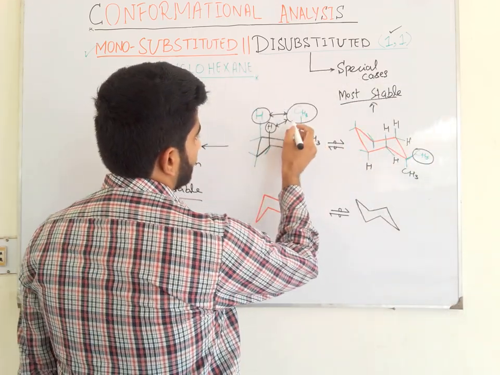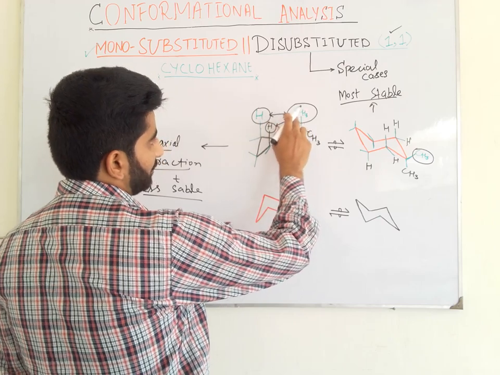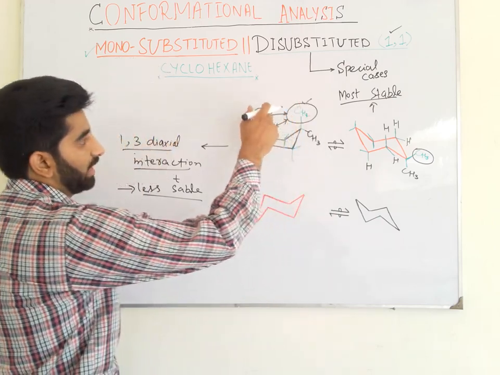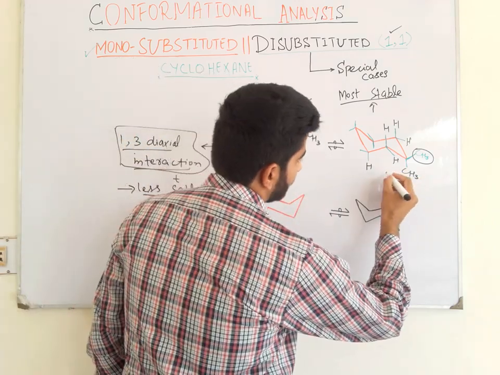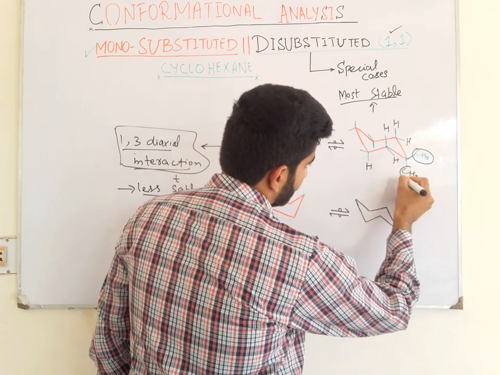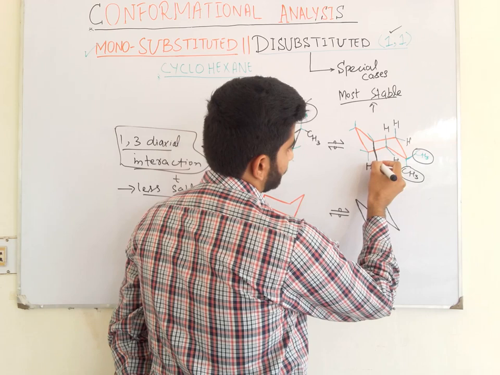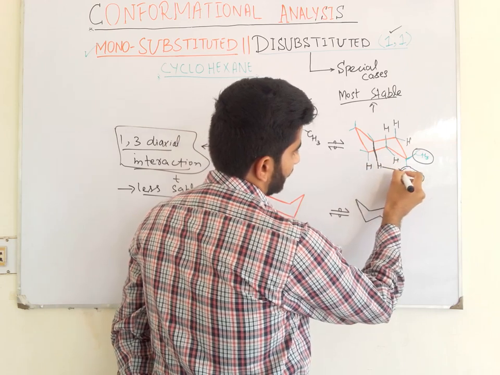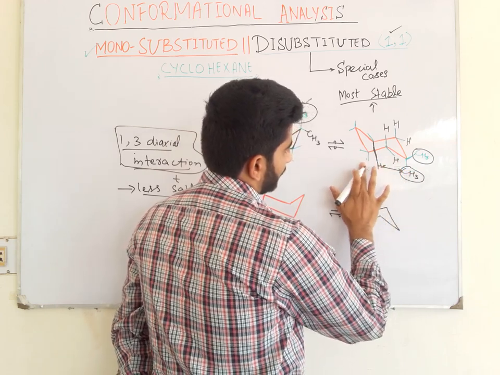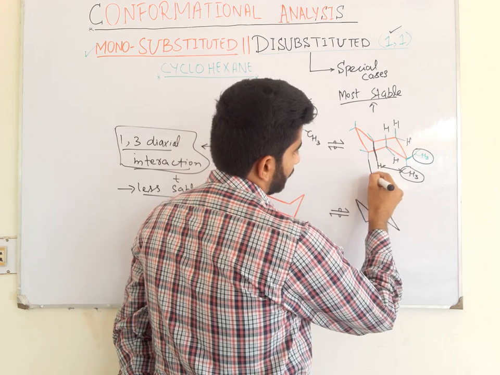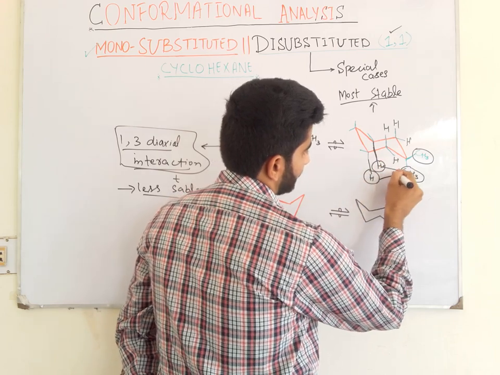We can see that again there is 1,3 diaxial interaction between this methyl group and these two diaxial hydrogens. See that here is a methyl group, and the interactions are present between these two hydrogens and this methyl group.